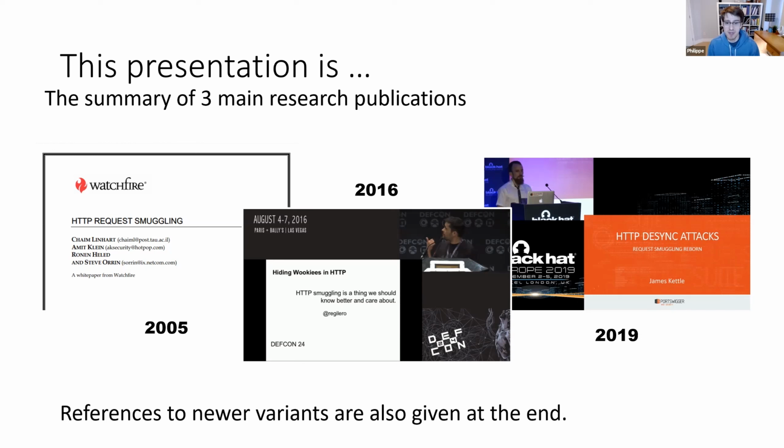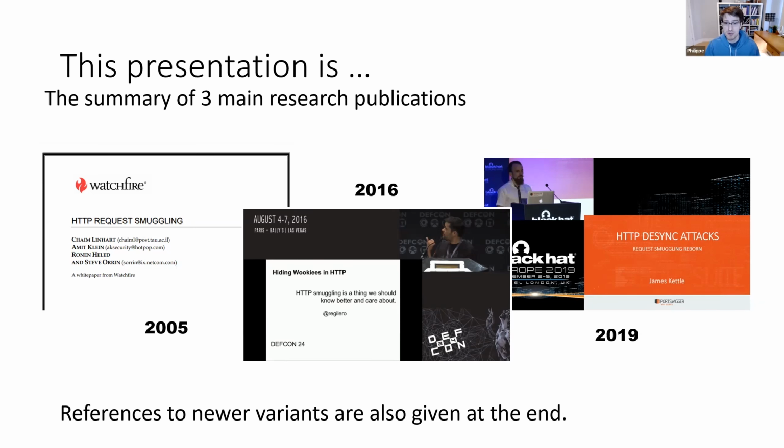I think it helps in understanding this vulnerability, especially because the earlier payloads were much easier to understand. It's a vulnerability that dates back to 2005. It was first documented in a paper called HTTP Request Smuggling by four researchers at Watchfire.